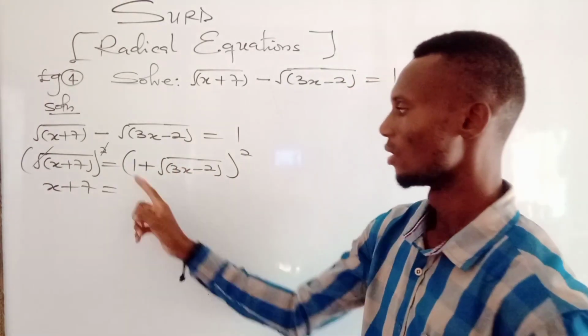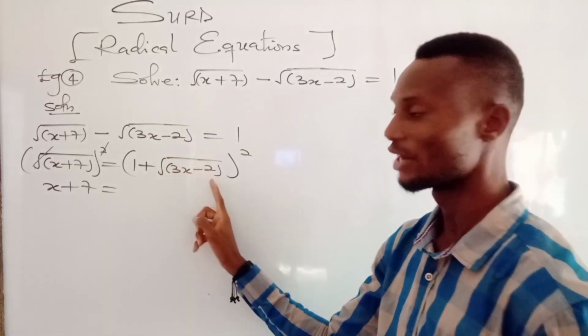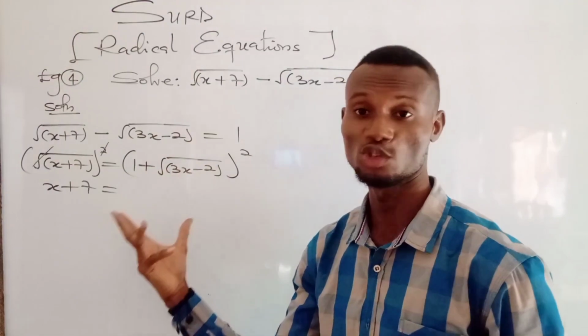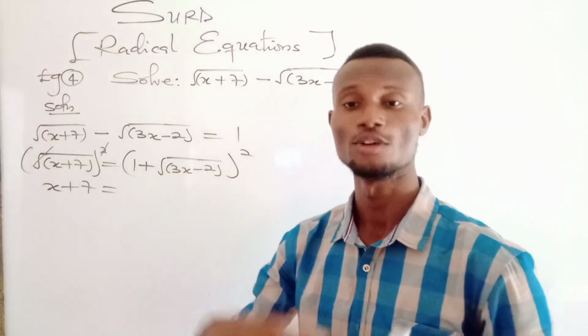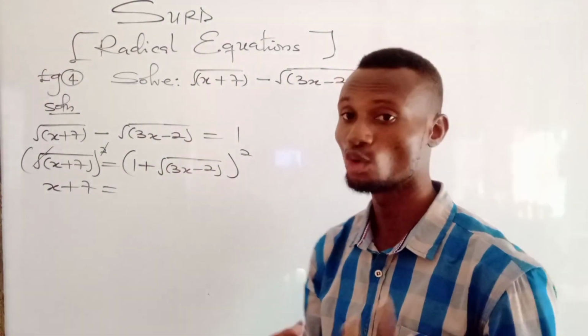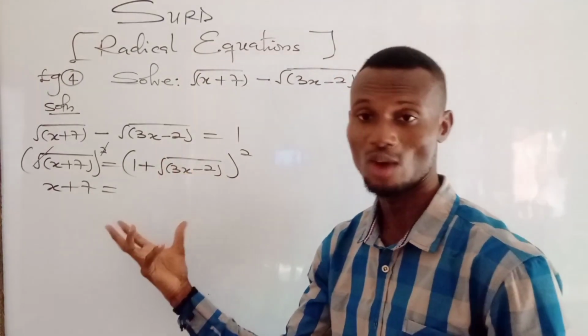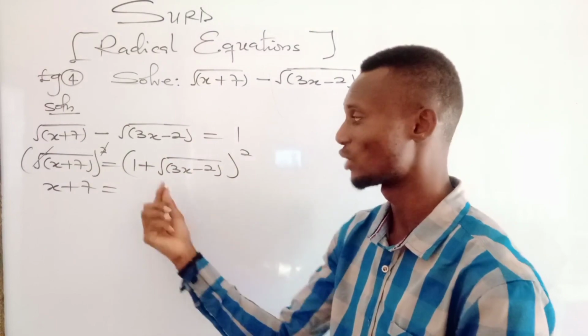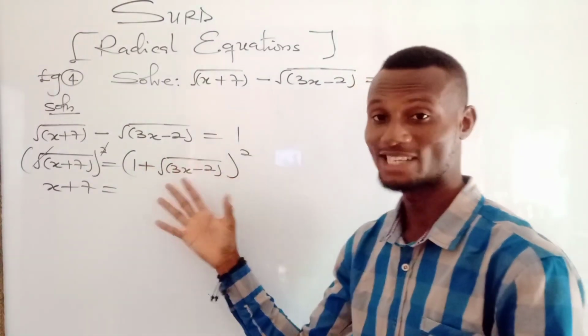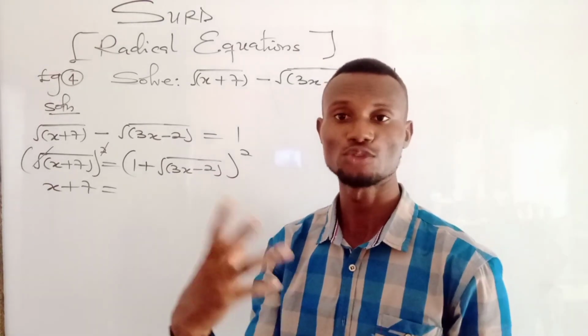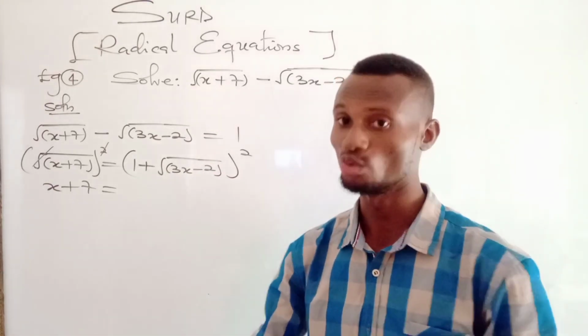Because 1 plus root 3s minus 2 all squared means that 1 plus root 3s minus 2 is multiplying itself 2 times. That's what it means. Then you follow the multiplication of 2 binomials approach to expand it.